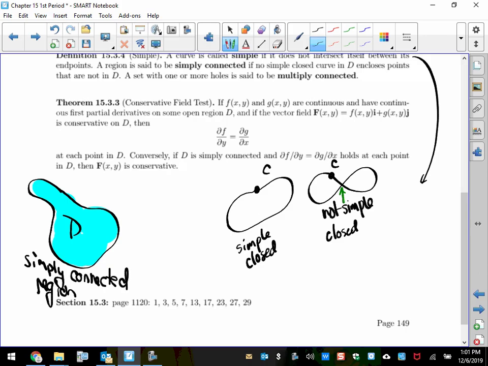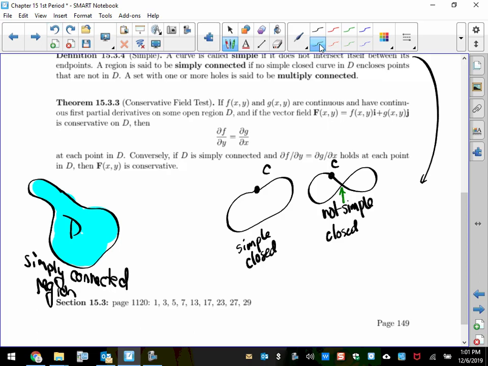What is the definition of simply connected? It says that no simple closed curve in D encloses points that are not in D. So it's impossible for me to put some closed curve in here that encloses points that are not in D. No matter what simple closed curve you put inside of the region, it's not possible to enclose points that are not in D.